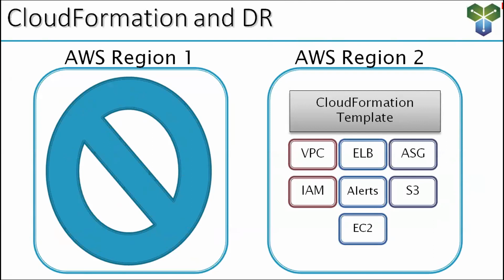Rather than having to manually do a bunch of stuff, I can take this as far or do as little as I want. But if I have manual tasks that I know are going to need to be performed in AWS during a disaster, you want to think about those manual tasks.